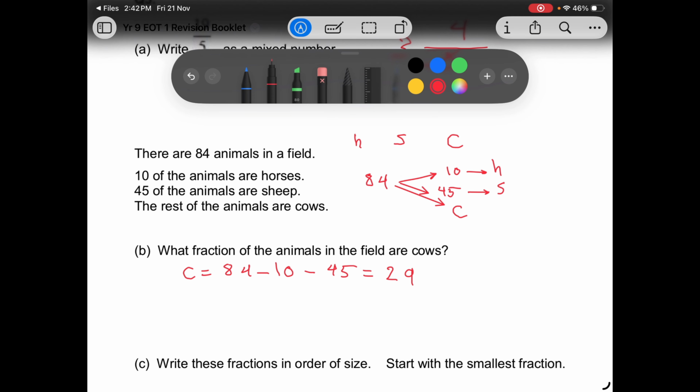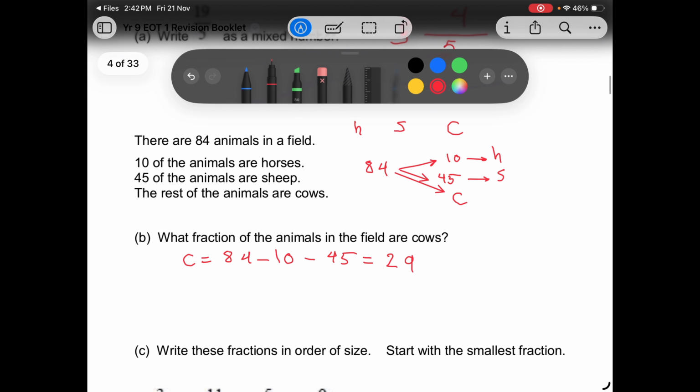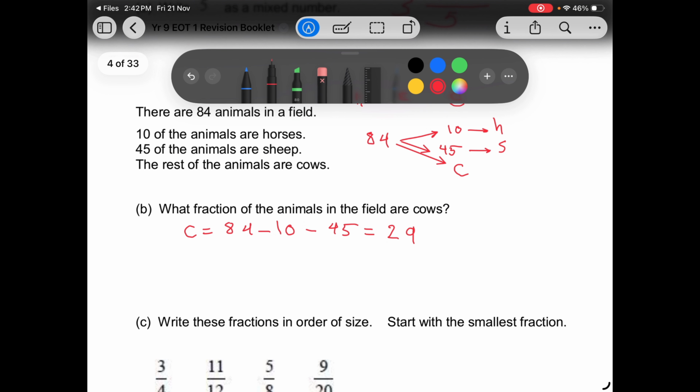And the question here, what fraction of the animals in the field are cows? So we will divide the number of cows by the total number of animals. So the answer for this question will be 29 over what? Over 84, and that's it.